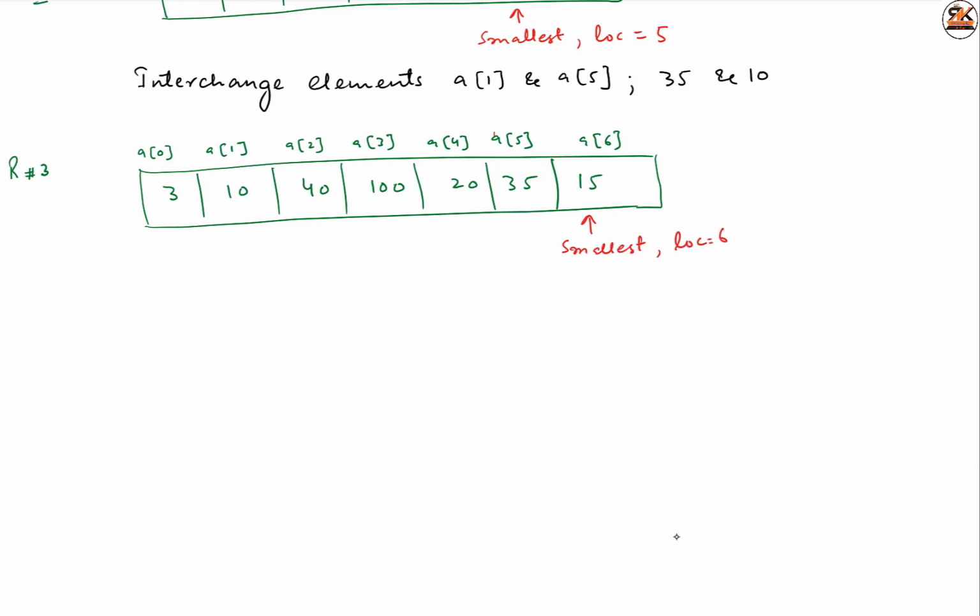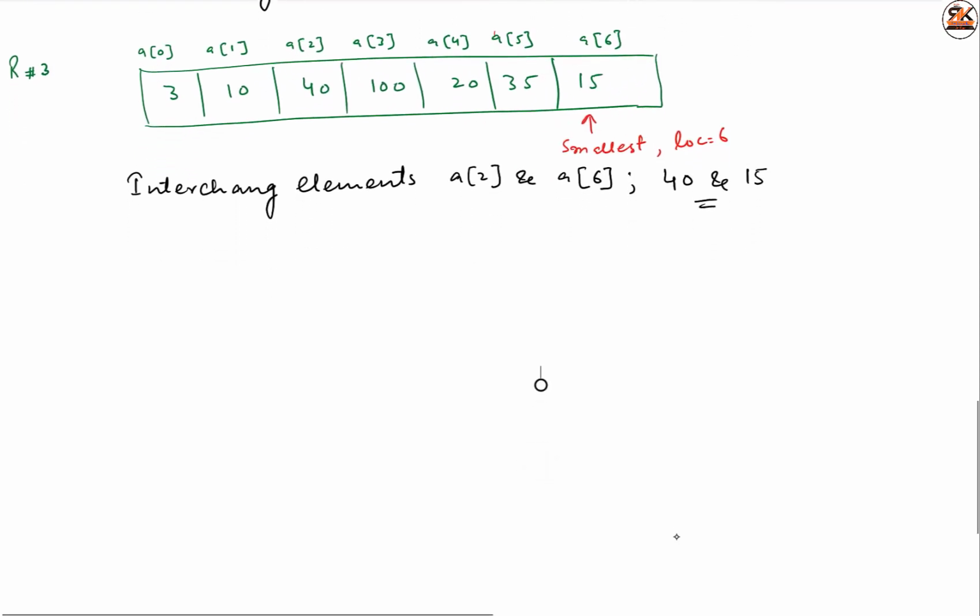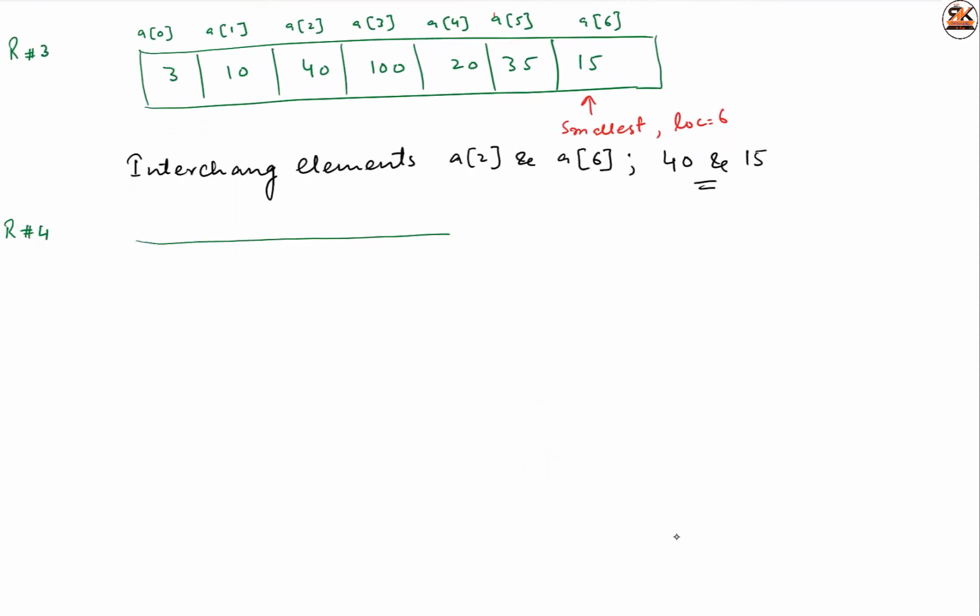So what I have to do in this round is interchange elements a2 and a6, that is elements 40 and 15 will get interchanged and I will get a new list that I will show in round 4. So after interchanging I will get a new list like this.